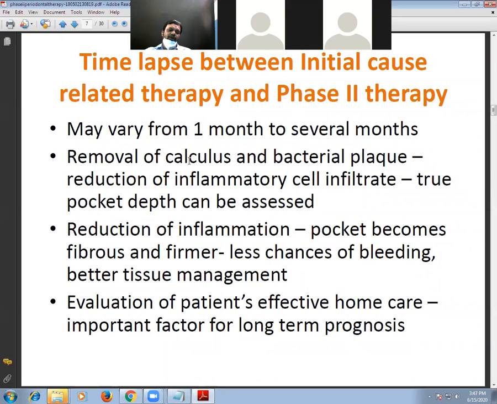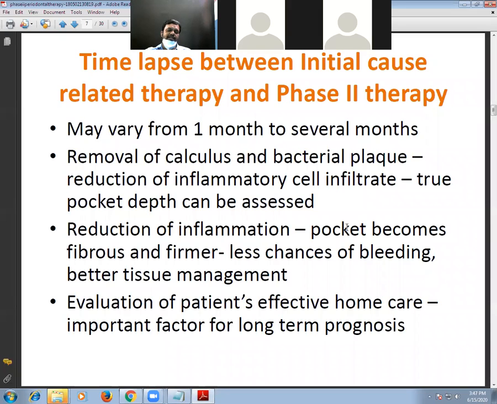So, removal of calculus and bacterial plaque. After removal of plaque and calculus in the non-surgical phase, there is reduction of inflammation. Then the true pocket depths can be assessed during your phase 2 therapy. With reduction of inflammation, the pocket becomes more fibrous and firmer.